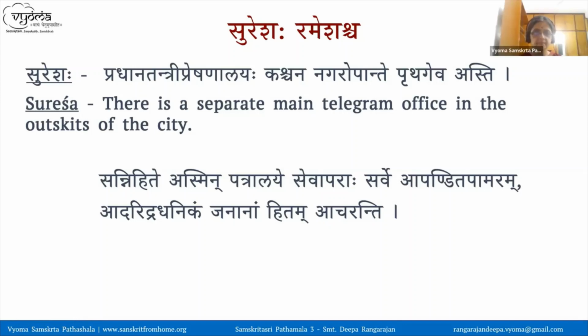So people at extremes, across all kinds of people, rich or poor, educated or uneducated, for their benefit they do good work, acharanti.